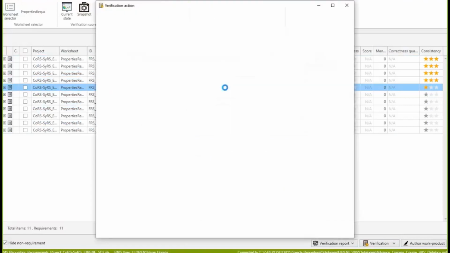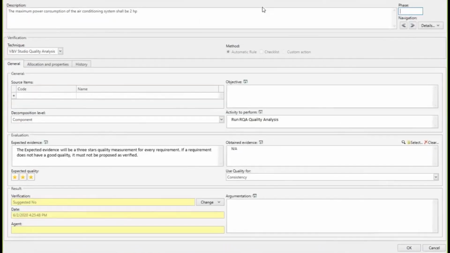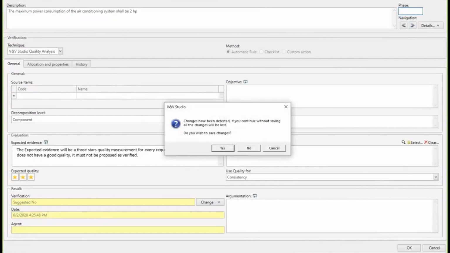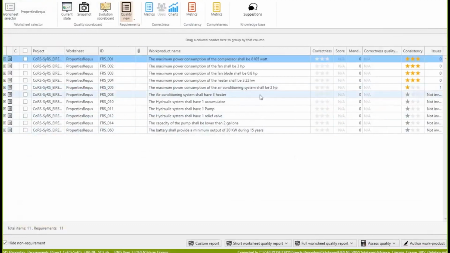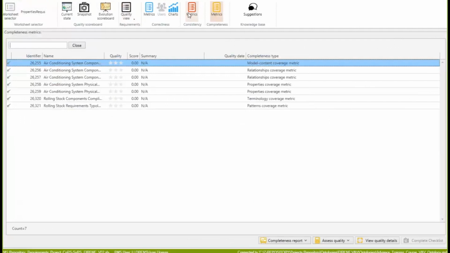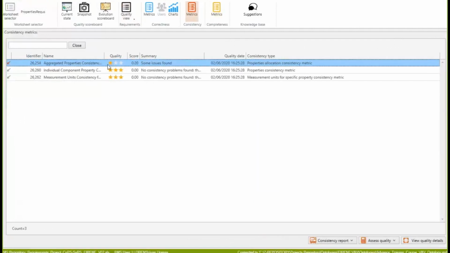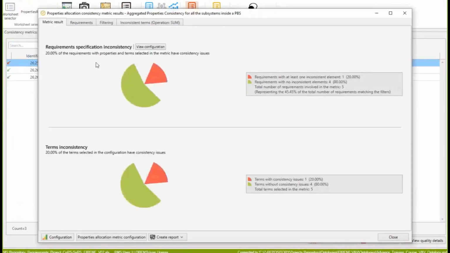If we take a look at the consistency, as you normally do in RQA, we see why this is a problem. So we get into this consistency metric, and we check what's the problem. And of course, I'm going to do something that is usually not done that way.